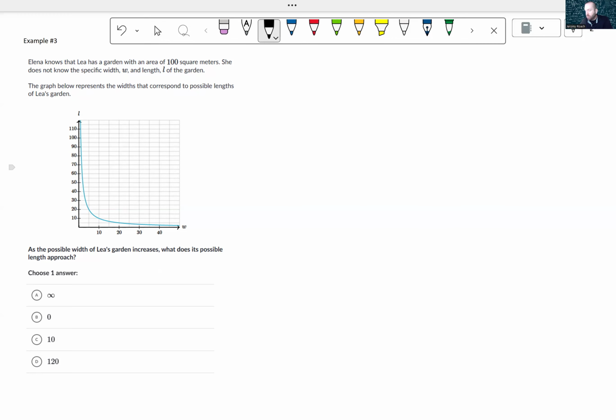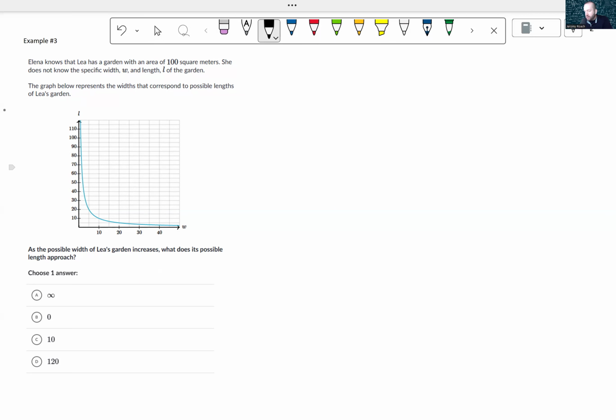So she only has 100 square meters to work with. So if one goes up, the other goes down in terms of length or width. So it says, as the possible width of the garden increases, what does the possible length approach? Again, we're wondering, what is the end behavior of this? So what is this eventually approaching or getting very, very close to?